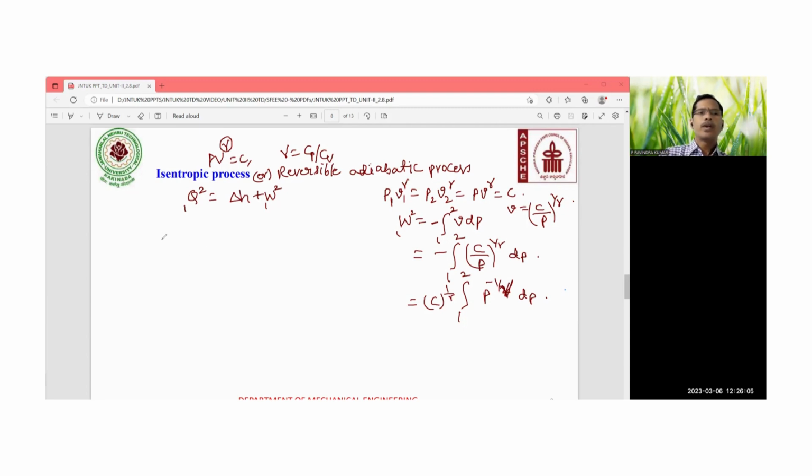When you integrate, W1 to 2 is equal to C to the power of 1 by gamma into P to the power of minus 1 by gamma plus 1, divided by minus 1 by gamma plus 1, following the limits.